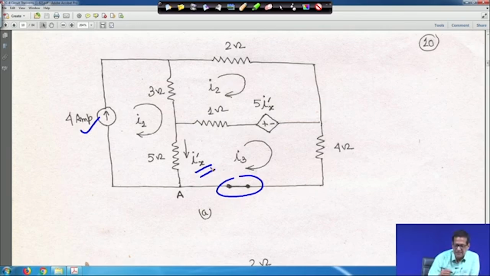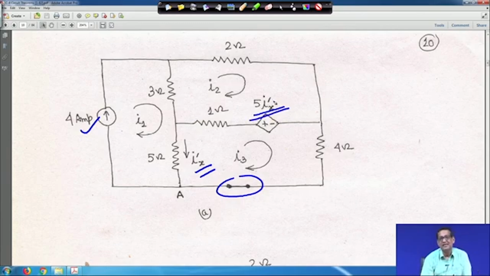As per all the meshes, I1, I2, I3 are shown, and here the dependent source will also be 5 into Ix dash, so it is not Ix now, it is Ix dash.